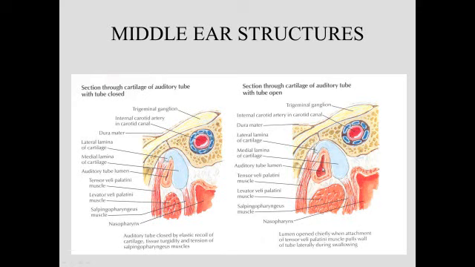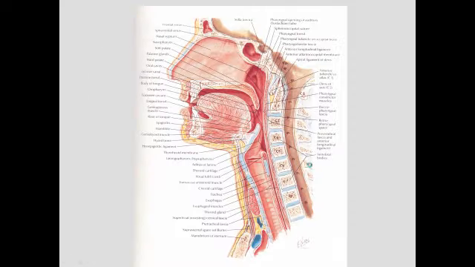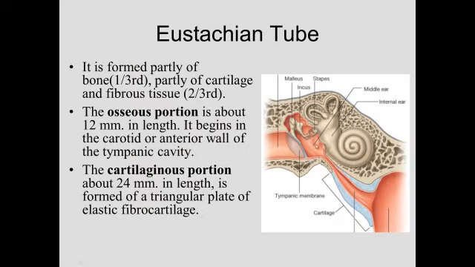And when that happens, this sticky, mucus-lined tube can actually open up just a little bit, allowing air to flow from the nasopharynx up into that tube. Obviously, this tube would continue down into the nasopharynx and can allow air to flow that way. The air, once it gets through that tube, will make its way up into the middle ear space.